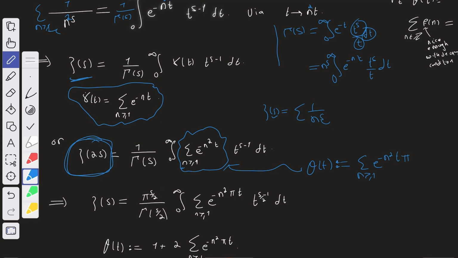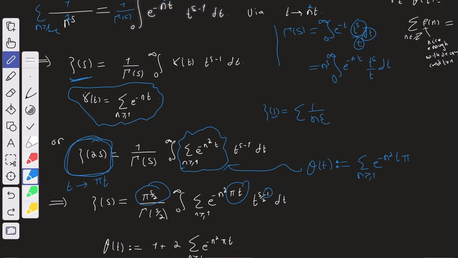So what he did is that he just sent t to pi t. So in this way, you will have a pi t here, and this change of variable will lead to pi to the s over 2 coming out, with the Jacobian cancelling with the 1 over t over here.